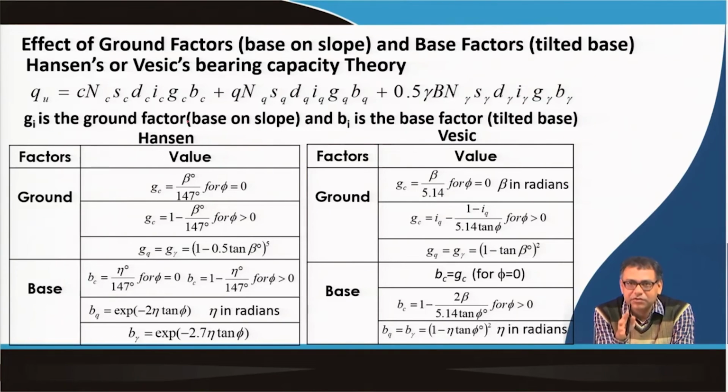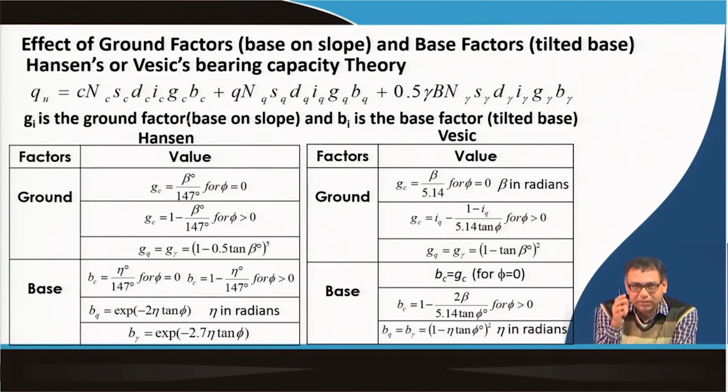That means there are 6 total factors: shape factor, depth factor, inclination factor, ground factor, base factor, and the compressibility factor. So, these 6 factors can be used. The base factor and ground factor are proposed by Hansen and Vesic bearing capacity theories.